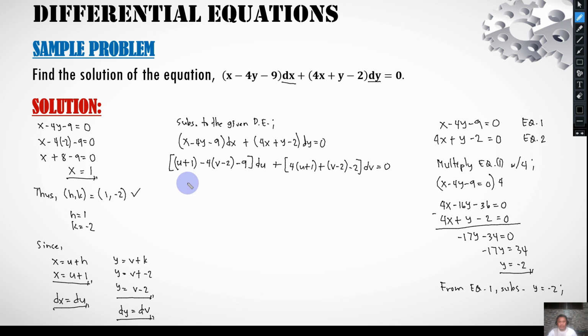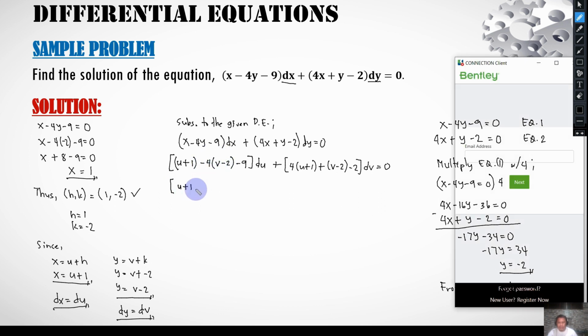So after this one, students, i-simplify natin to. So we are going to distribute this. So this is now equal now to u plus 1, so distribute natin dito.